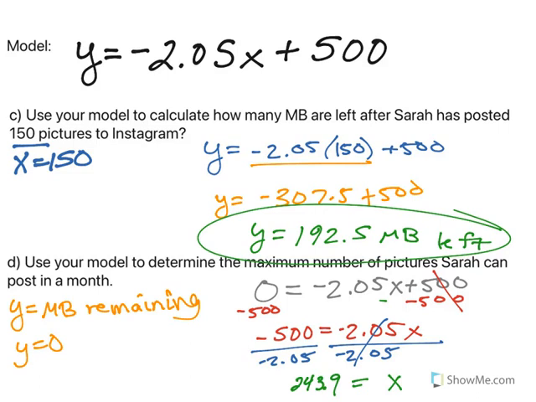That doesn't work. So would I round to 244? No, because that's too much. If I go up at all, I'm over my limit. So I have to round down and say I can do 243 pictures. I'll have just a teeny tiny bit of megabytes left, but not enough to do another picture.